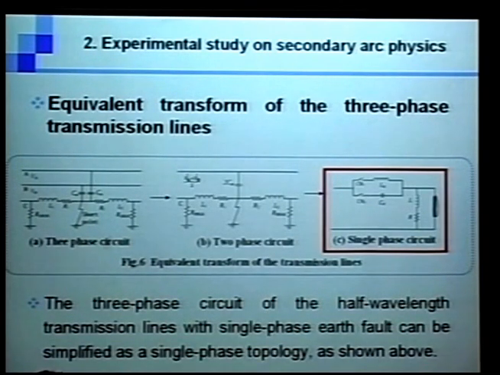This figure is the single-phase circuit that we based on to establish a test rig. In that case, the single-phase earth fault can be simplified as a single-phase topology, as shown in this figure, the red circle.